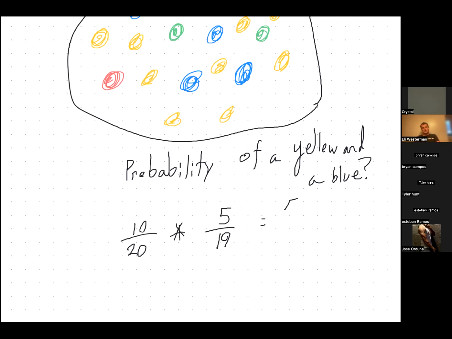So we get 50, and then 20 times 19 is going to be 380. So 50 over 380, we divide both of these by 10. We get 5 over 38. And I think that's as much as it can be simplified. Yeah, that's as much as it can be simplified.